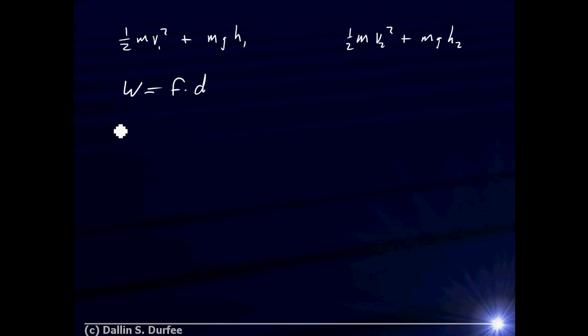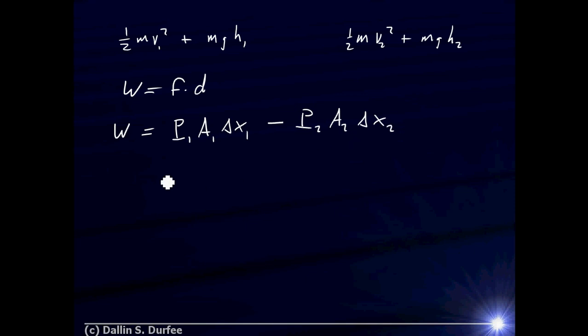The work at the bottom is the force, pressure 1 times area 1, times the distance delta x1. Then there's negative work at the top, which is the force, pressure 2 times area 2, times the distance delta x2. Very good.